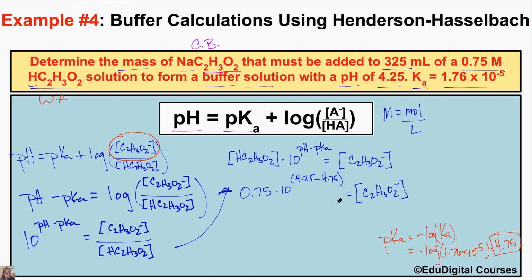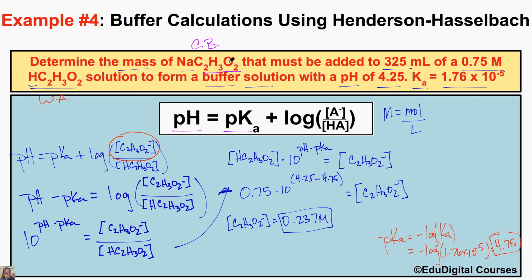And so now when we put this in our calculator, we're going to end up with the concentration of our acetate ions, which is our conjugate base, equaling 0.237 molar, or 0.237 moles per liter. But this is not our final answer. This is just the concentration of our acetate ions.